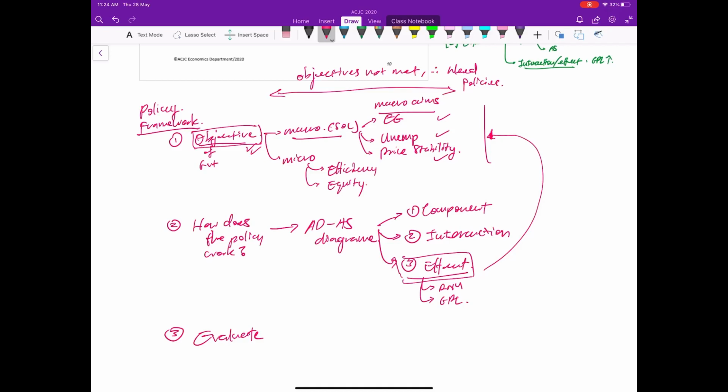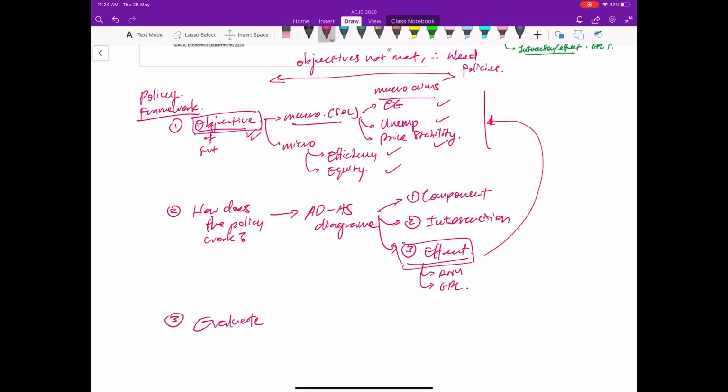For micro, the government wants to have efficiency, which is linked to market failure, and equity. So these are the objectives of the government. If the objectives are not met, then that's why the government needs a solution, and that's where policies come in. Policies really come in to overcome the challenges that the government is facing.